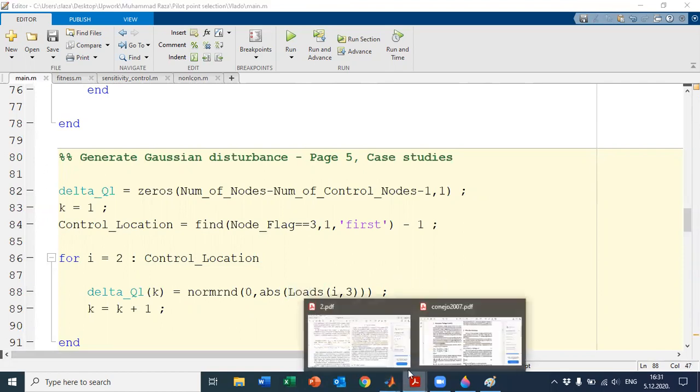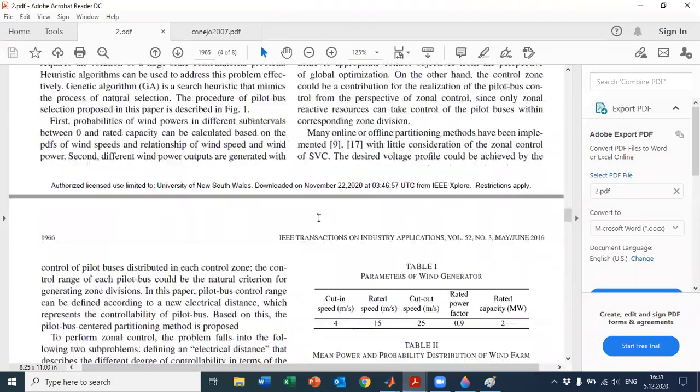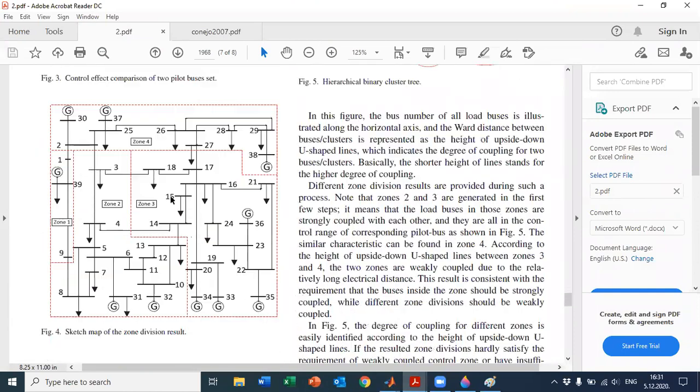Apart from that, the one thing that we've done different from the paper is that we are not using the partitioning scenario. What they did in the paper is that they determined the optimal partitioning of the network, and they assigned a single generator, which is a PV bus, to a single partition.